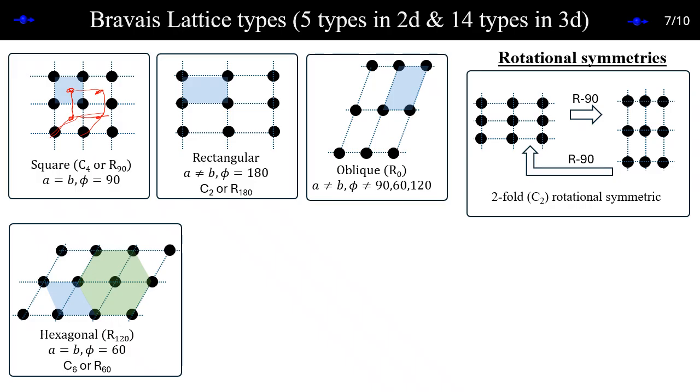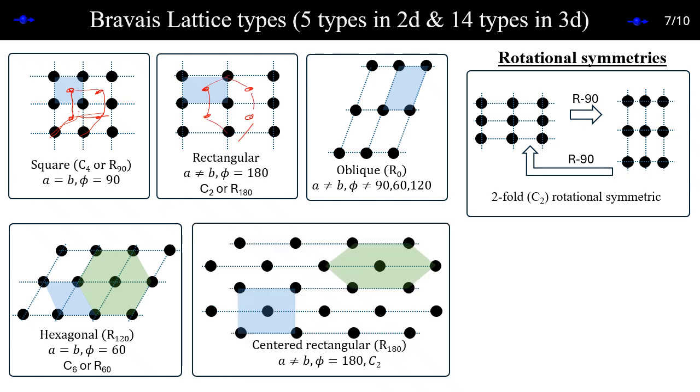Any question? What I mean is, here, if I take this and put a lattice point, it is still a square lattice. You are not changing it. Same thing for others. But if you do this here, essentially you get a new type.